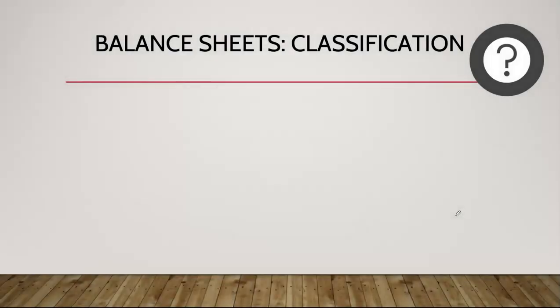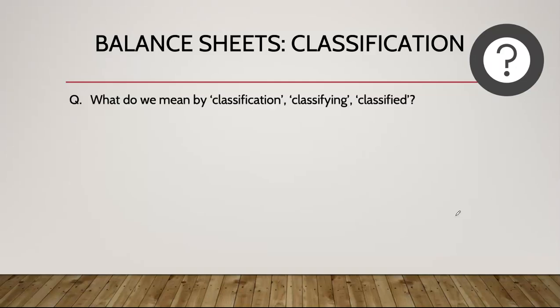We then come to this concept of classification. You might have heard of that. We've done that in units 1 and 2 accounting. That balance sheet seems a bit simple because it is. So some questions. What do we mean when we hear the word classification, classifying, or maybe more importantly, classified if you're asked to make a classified balance sheet?